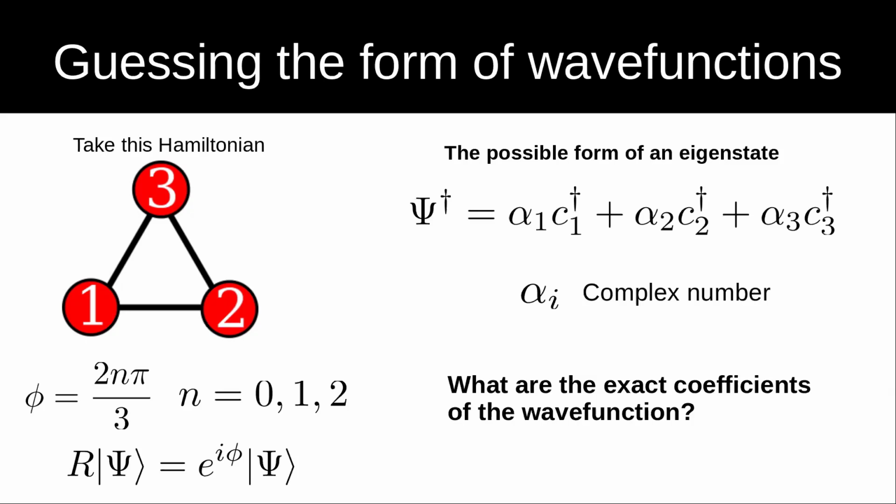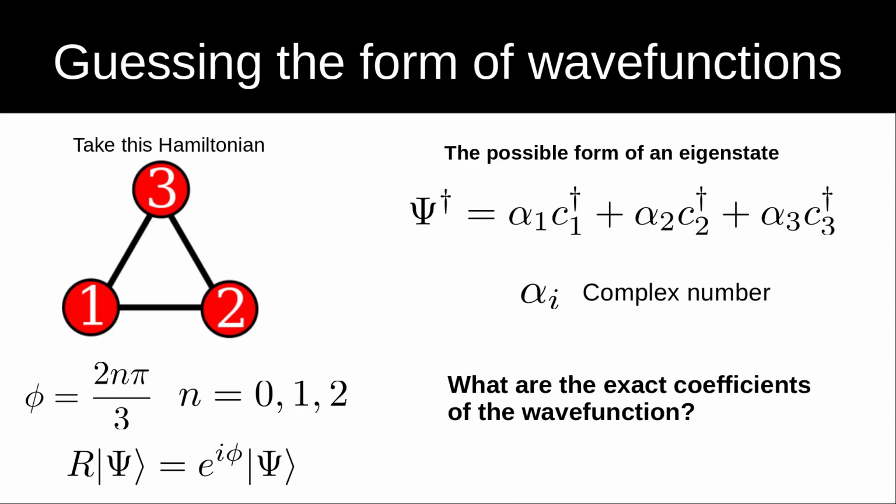In general, the eigenstate of a Hamiltonian for 3 sites is going to be alpha 1 C1, alpha 2 C2, alpha 3 C3, with alpha i a specific complex number. Now I would like to ask you what are the coefficients alpha 1, alpha 2, and alpha 3 of this wave function for the eigenstates of the Hamiltonian? To answer this question, you just need to realize that when you apply the rotation operator, you are essentially switching 1 to 2, 2 to 3, 3 to 1.